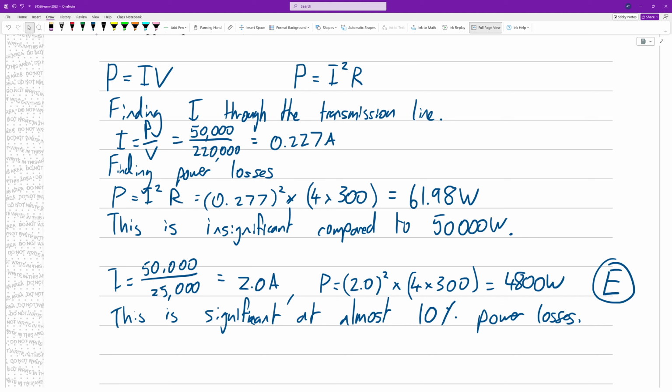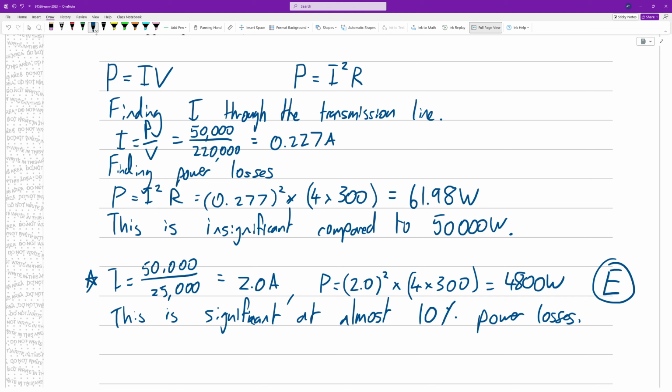What my answer isn't super clear at explaining is that in this part down here, the current is larger as the voltage is less.